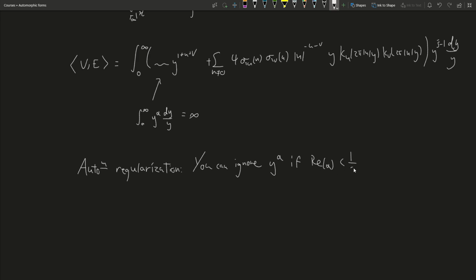It has to be strictly less than 1/2. And this is not at all obvious, but it is true, and this lets us take these inner products.